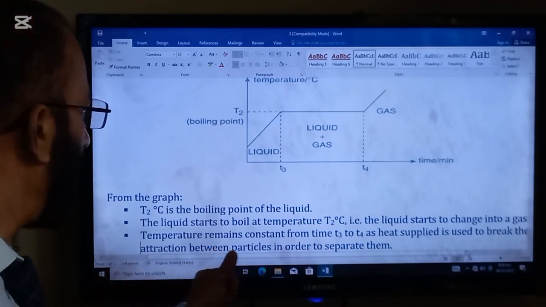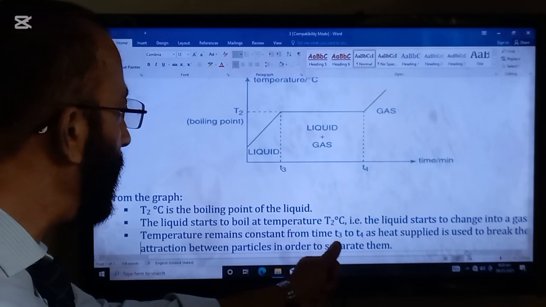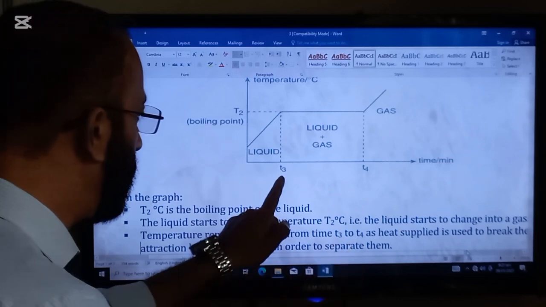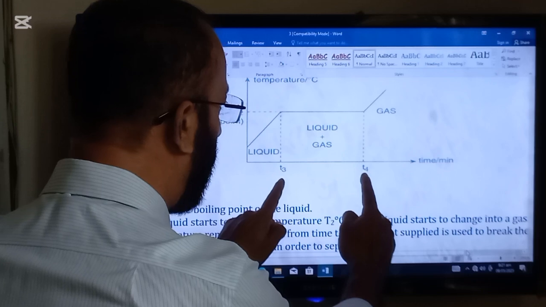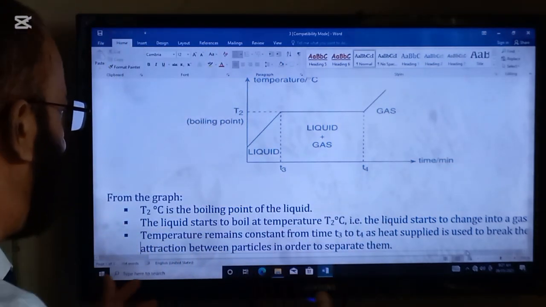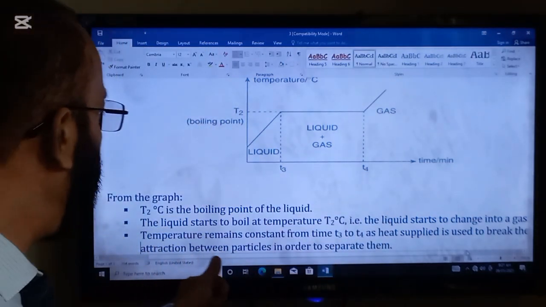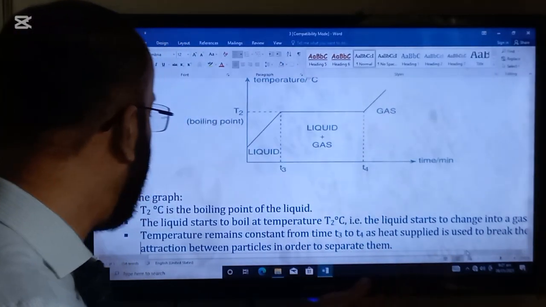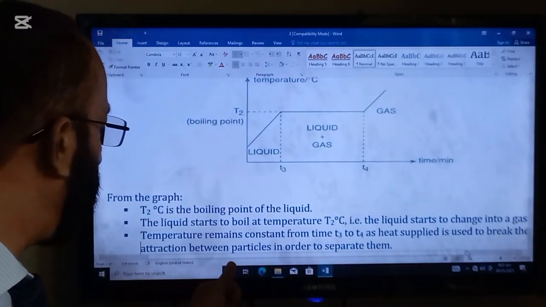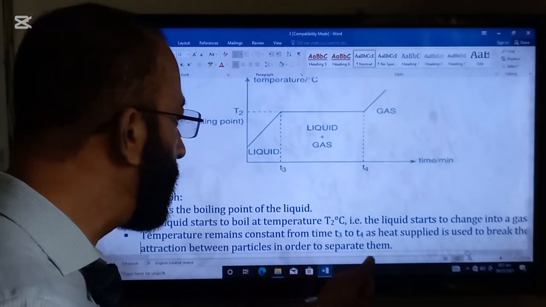Temperature remains constant from time T3 to T4. Here is time T3 and here is time T4. This is the time during which temperature remains constant, as heat is used to break the attraction between the particles in order to separate them.